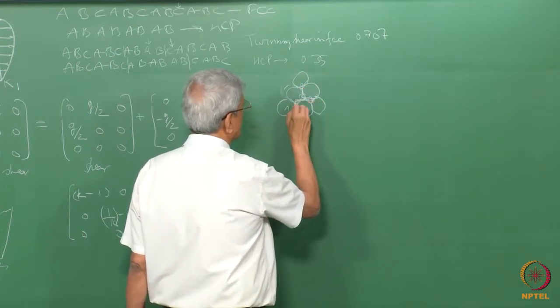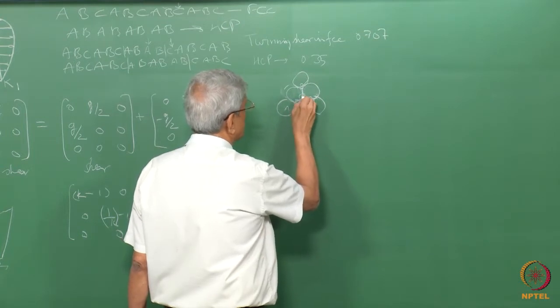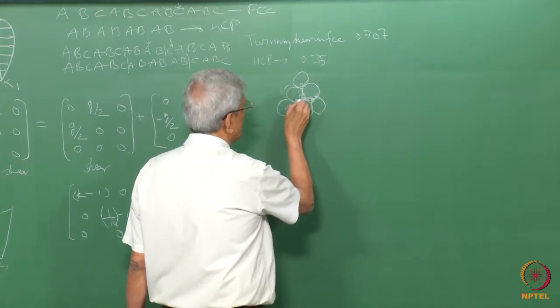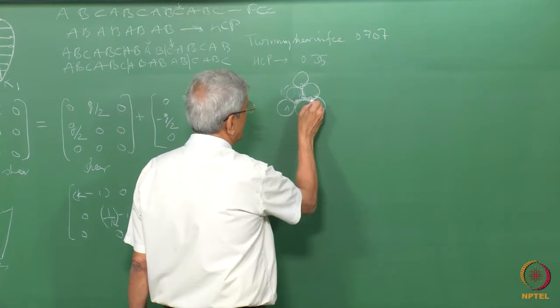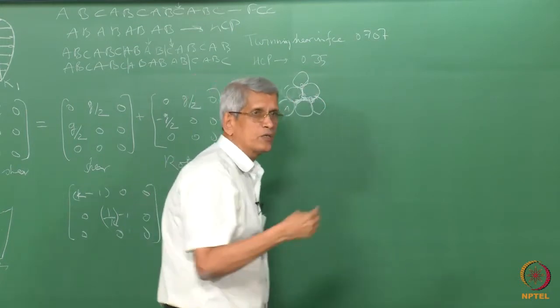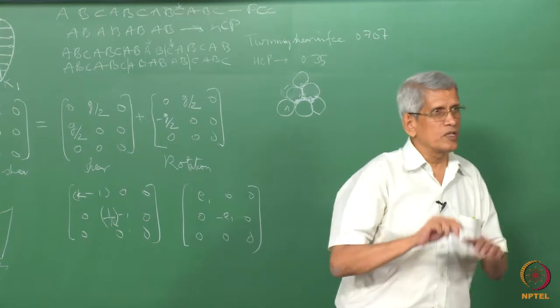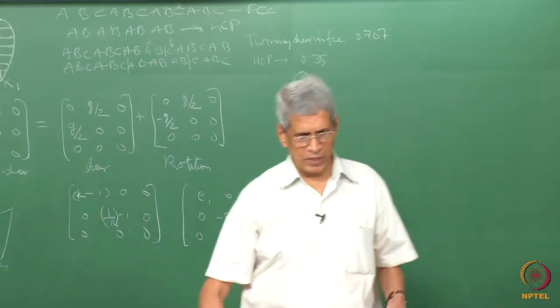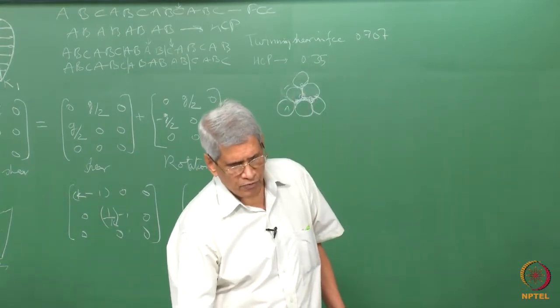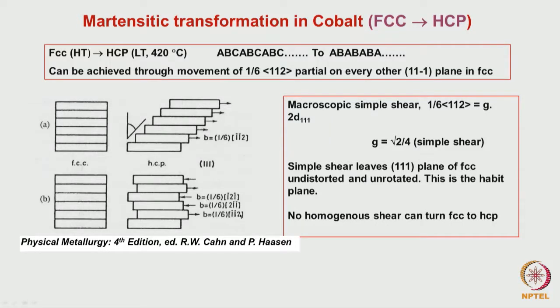From this C position, any movement in this direction or in this direction, the partial movement, all takes it to the B position, correct? So it does not matter which shear vector is being used. Instead of b = 1/6 <1 1bar 2bar> on the 111 plane, if b = 1/6 <2 1bar 1bar> direction we give a shift, that will also create an AB type of stacking sequence. That means that the HCP lattice is being formed.